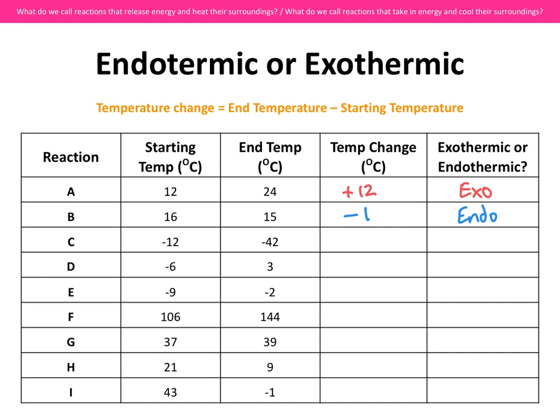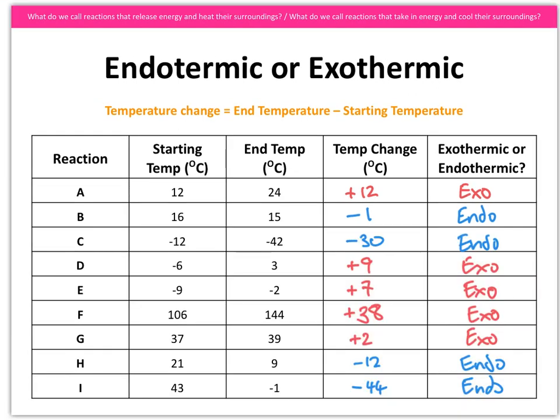Then start the video and the answers will appear. So pause it, fill in the missing temperature change and whether it's exothermic or endothermic, and when you continue the video, you'll have the answers. So check your answers and let me know if you had any problems.